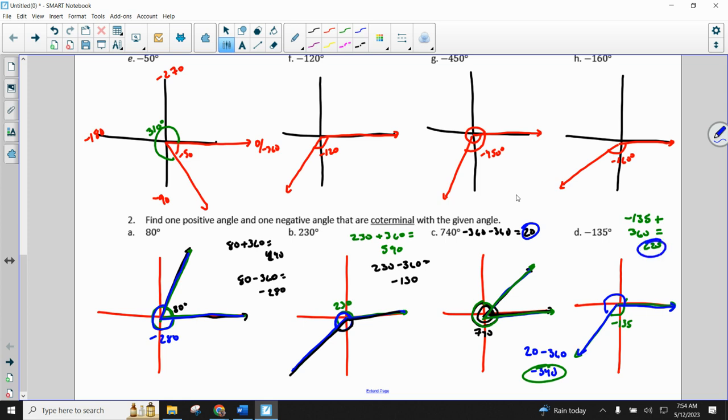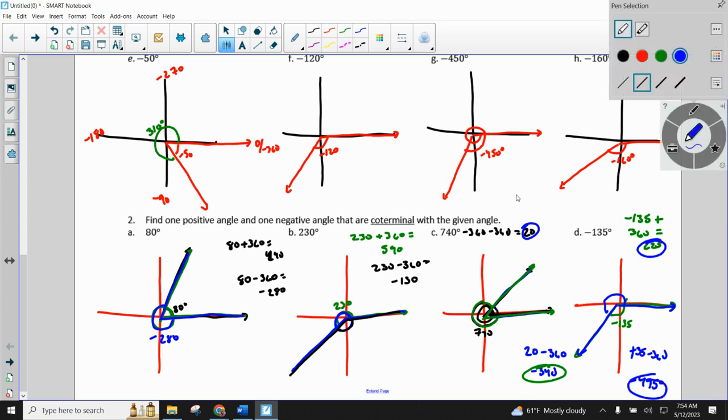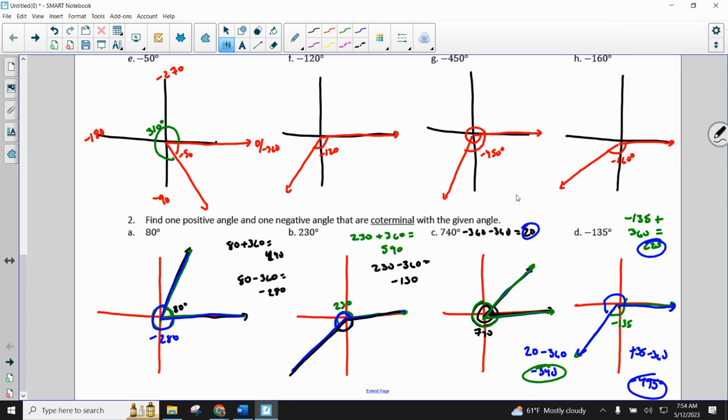So positive coterminal angle. And negative, let's just go negative 135 minus 360 would be what? Negative 495 would also be coterminal. So if I go around the circle once and then another negative 135, there's my coterminal angle.